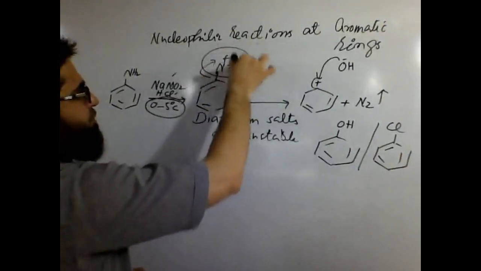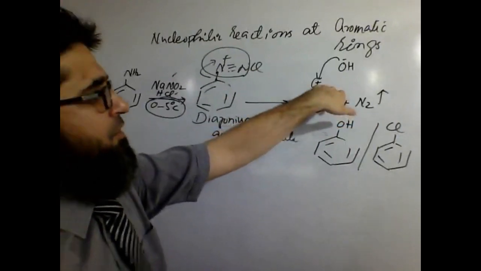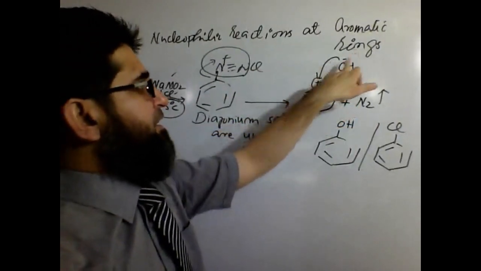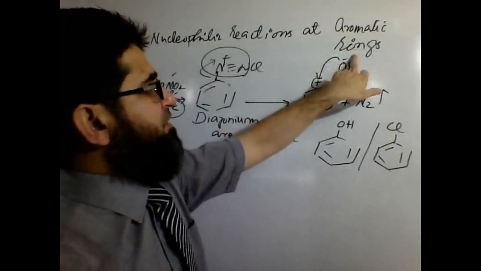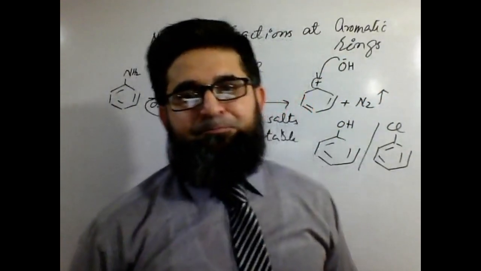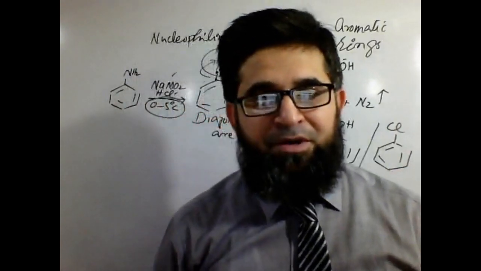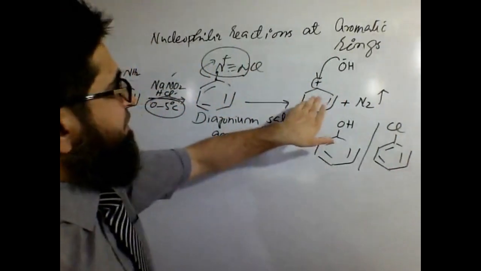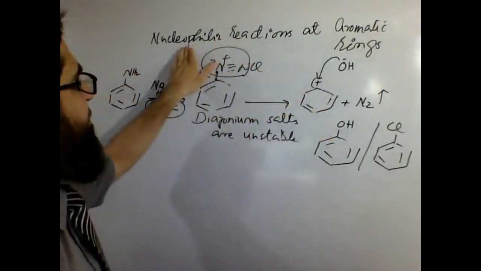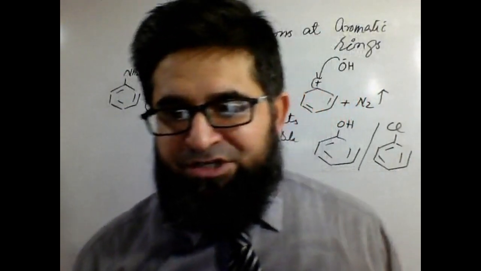As a consequence, this nitrogen moves out, leaving positive charge on the aromatic ring and giving a place for the hydroxyls to attack and give us a ring substituted with a hydroxyl group. So the aromatic compound has undergone a nucleophilic substitution reaction, one can say.